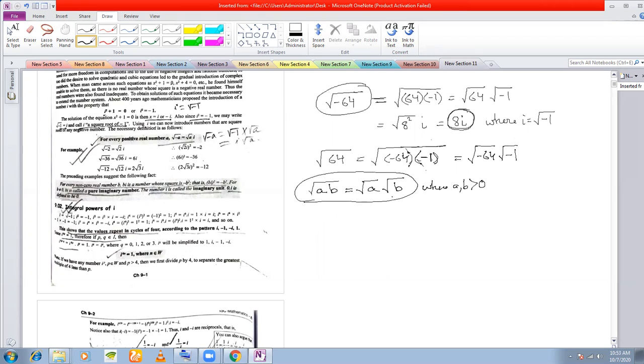Let us take another example, say root over of minus 12. Square root of a negative number. I can write this as square root of 12 into minus 1, root 12 into root minus 1, and now you can prime factorize 12.